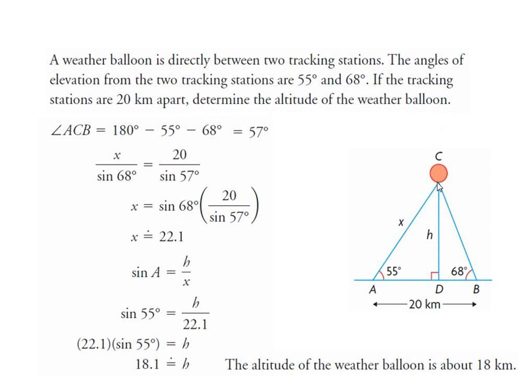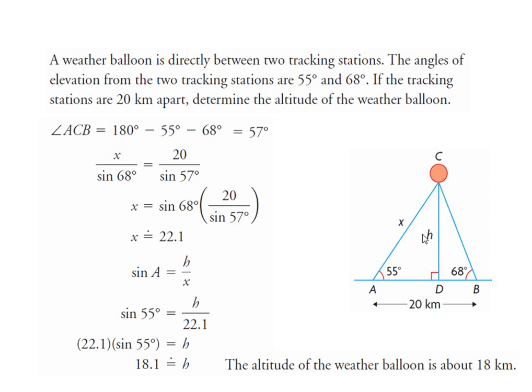So the height is a vertical line, or say a perpendicular line to the base. In this situation, because the base is on the horizontal line, the height is the vertical line. And we name this height h, lowercase h.